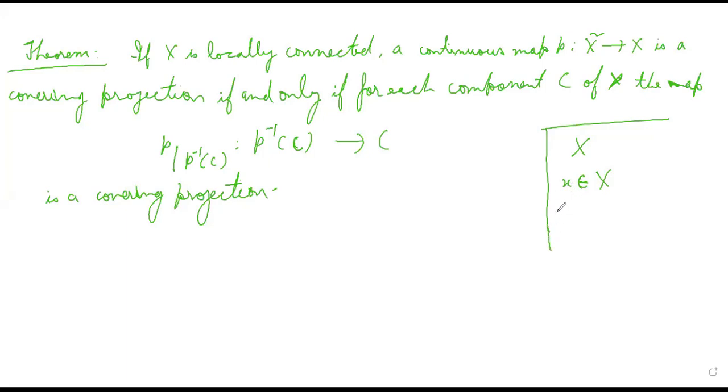So for every neighborhood V of x, there is a connected neighborhood U of x with U contained in V. That is, every neighborhood of x contains a connected neighborhood of x. And if X is locally connected at each point, then it is called locally connected.